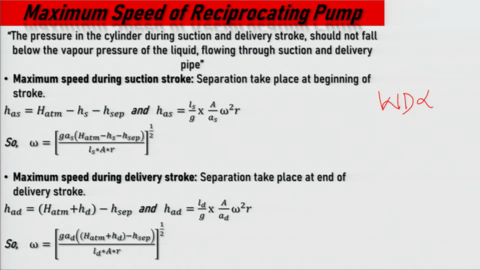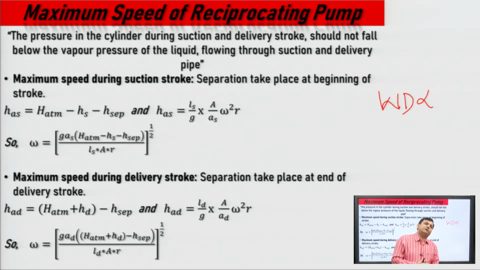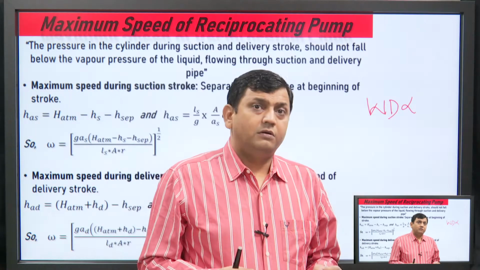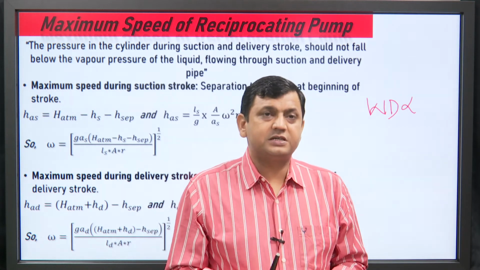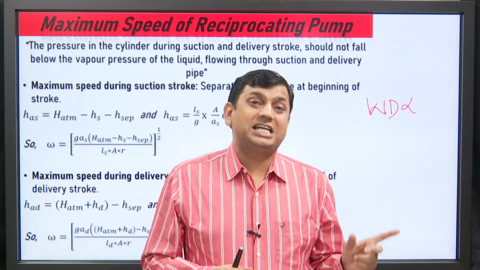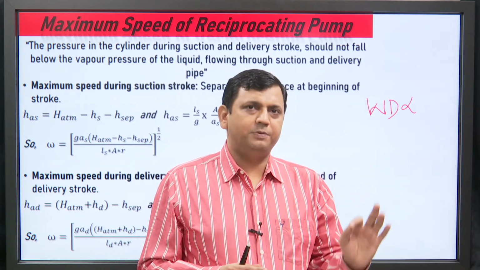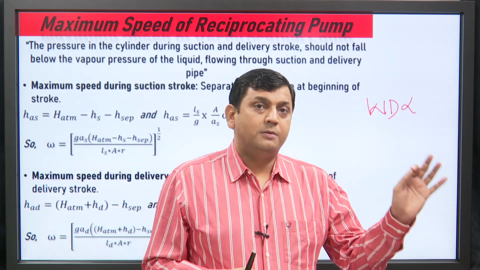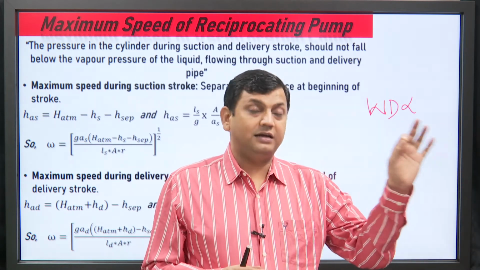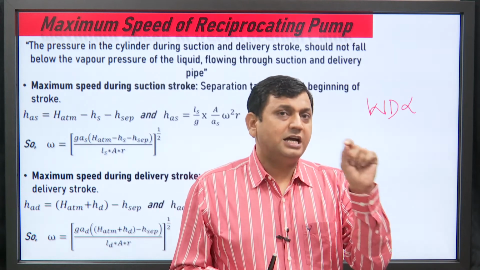Next is a very important topic: the maximum speed. What is the maximum speed of a reciprocating pump? One concept here is cavitation, and all of you know its effect. If fluid is flowing in a pipe and the pressure falls below the vapor pressure, bubbles form. These bubbles are carried with the fluid to the high pressure zone, where they burst, hit the metal and remove it.